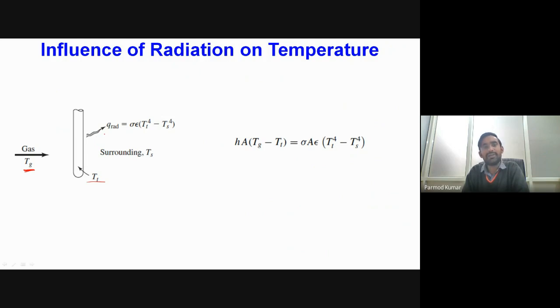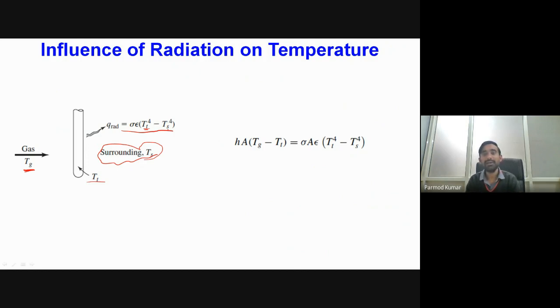The amount of radiation emitted from the surface will be nothing but sigma epsilon, where epsilon is the emissivity of the thermocouple surface, times Tt to the power 4 minus Ts to the power 4, where Tt is the temperature of the thermocouple and Ts is our surroundings temperature. So this will be the net amount of radiation emitted from this surface.